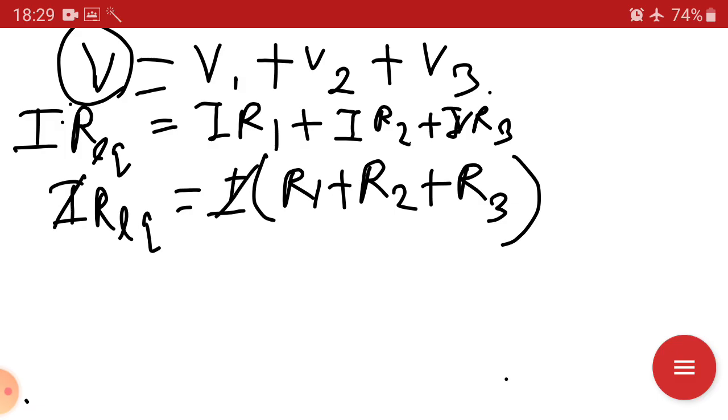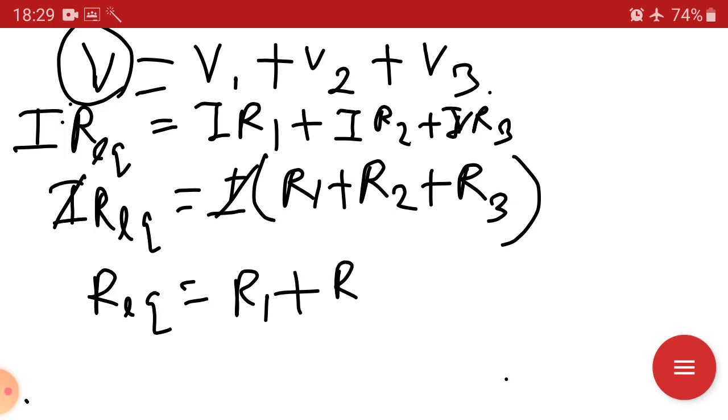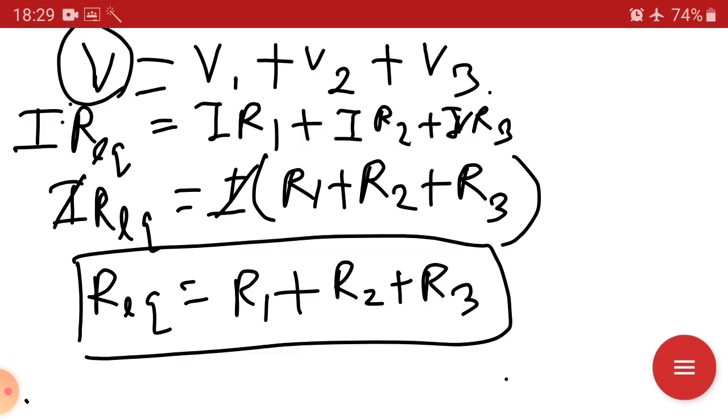I is the same, so both sides cancel out. So what is R equivalent? The total resistance offered by the circuit in the series connection will be the sum of all the resistors connected in series. Here we have taken three resistors, that's why R equivalent will be R1 plus R2 plus R3.